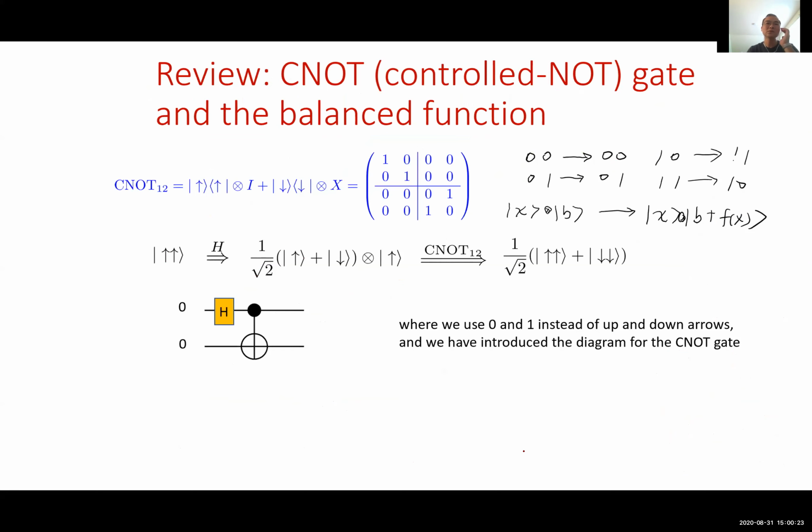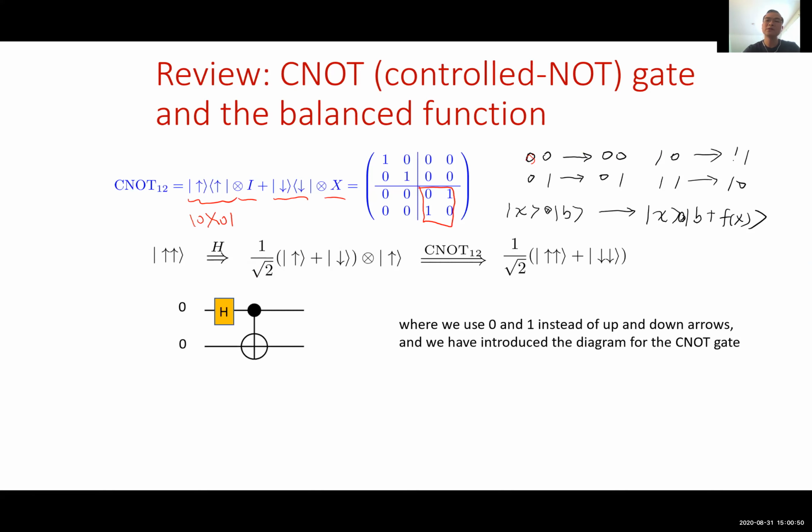Okay, so another review topic is the control NOT gate. Last time I defined that when the first qubit is up, or 0, I apply the identity, and with down, I apply the NOT gate. And you can actually see from the basis states how it transforms.